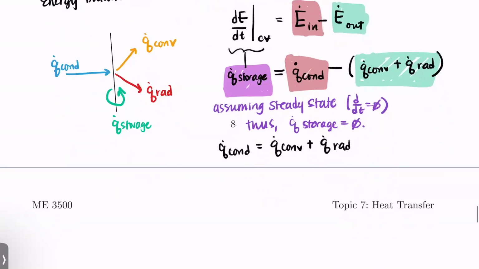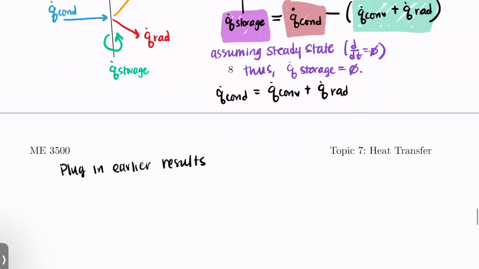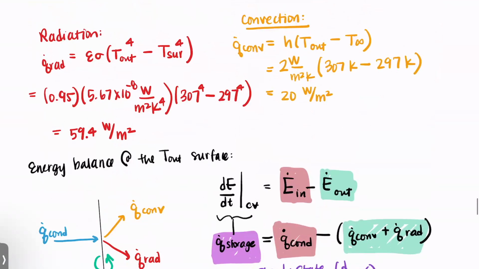Okay, so I am just going to plug in our results that we already found. So we have that 0.7 divided by 0.003 times T in minus 307 Kelvin is equal to 20 watts per meter squared.